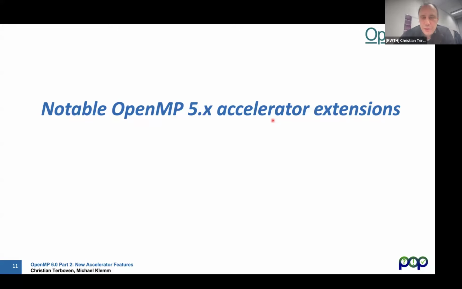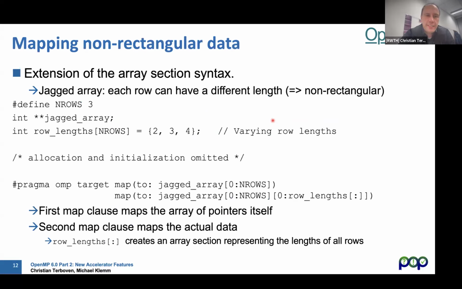So I hope we are all more or less on the same page here in terms of wording and terminology. What has been recently added with OpenMP 5.x, meaning x equals 1 or 2, and refinements made in OpenMP 6. One was the extension of, I hope this translation is correct, jagged arrays.